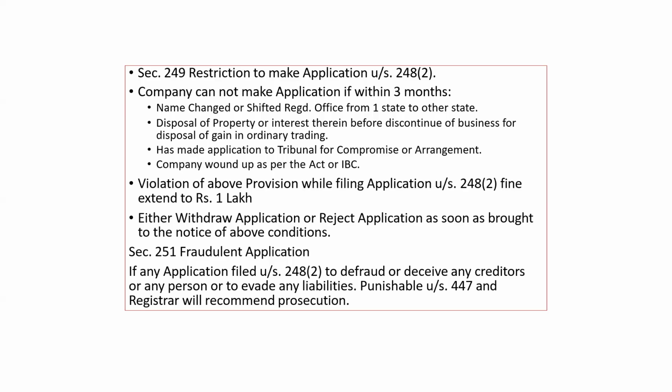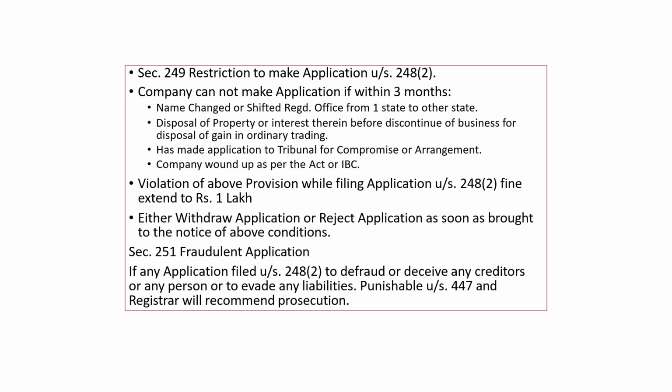If there is a violation of the above provision while filing an application under section 248(2), then a fine extendable up to 1 lakh rupees. And in case this fact is pointed out, then you either withdraw the application or the application shall be rejected. Section 251 talks of fraudulent application.